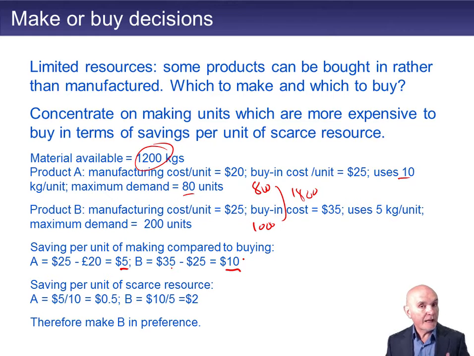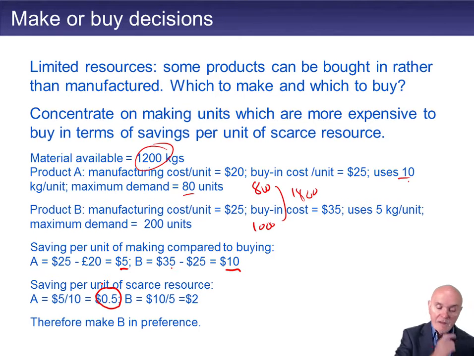But what we need to work out is the saving per precious kilogram. For every unit of A we make rather than buy, we save 5, and it takes 10 kilograms of material. Basically, we are saving 0.5 per kilogram.